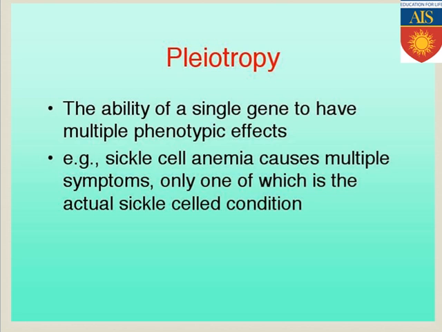When those features are controlled by various allelic forms of a single gene, that phenomenon is commonly known as pleiotropy. The genes showing this phenomenon are known as pleiotropic genes. In which specific examples can we see this? In the case of sickle cell anemia, which causes multiple symptoms, only one of which is the actual sickle cell condition.